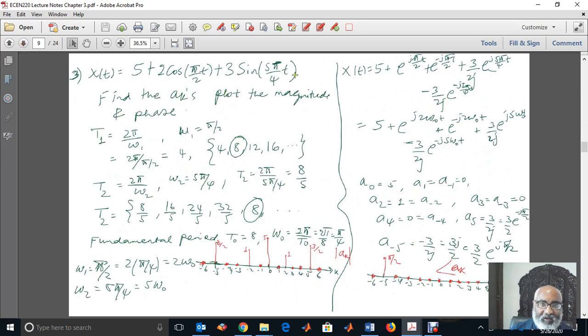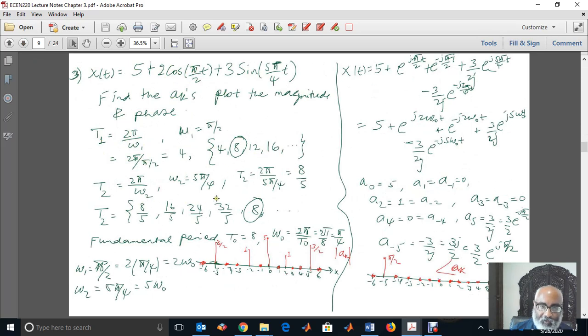So here I have this cosine part and sine part, 2 omegas. Let's determine the fundamental period. We can use the concept of chapter 1. The period for the first one is 2 pi over omega 1. Omega 1 is pi over 2, so it is equal to 4. That means it is periodic for 4, 8, 12, 16. The second one, 2 pi over omega 2.